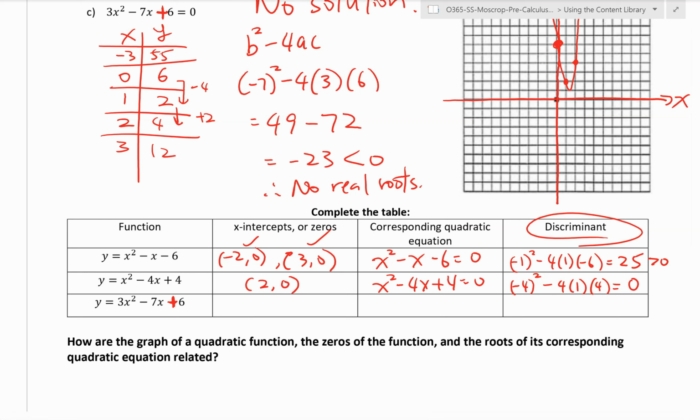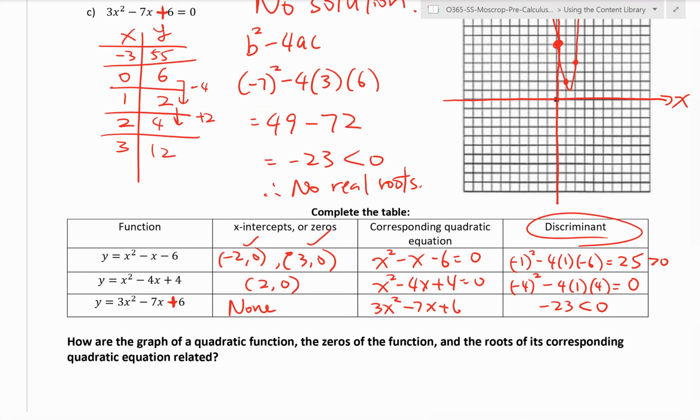Therefore, one solution. Finally, the third example, it was, well, we don't have any x-intercept. So none. The corresponding equation was 3x squared minus 7x plus 6. We just showed that b squared minus 4ac, this was -23, which is less than 0. Makes sense. When the discriminant is less than 0, there's no real root.